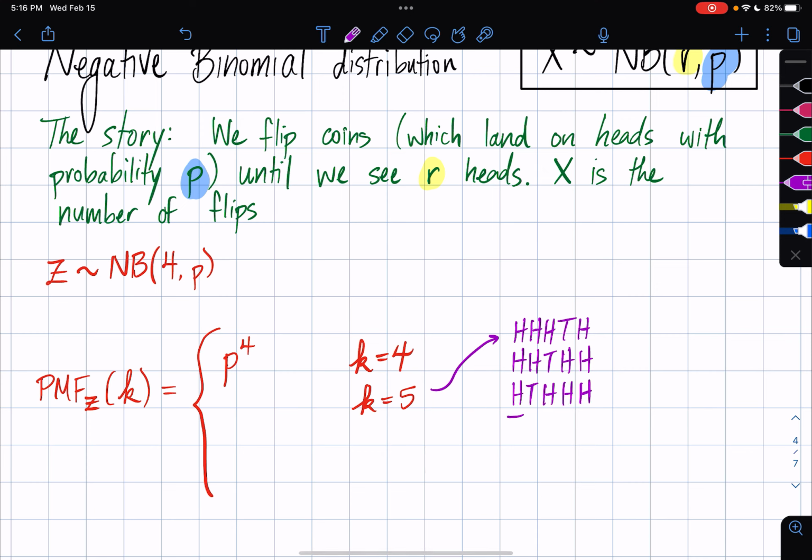Or we could have tails, heads, heads, heads, heads. So there's these 4 different outcomes, and any given one of these outcomes, since we've specified the order, is going to happen with probability, there's 4 of them, 1 minus p to the power of 1 times p to the 4th.